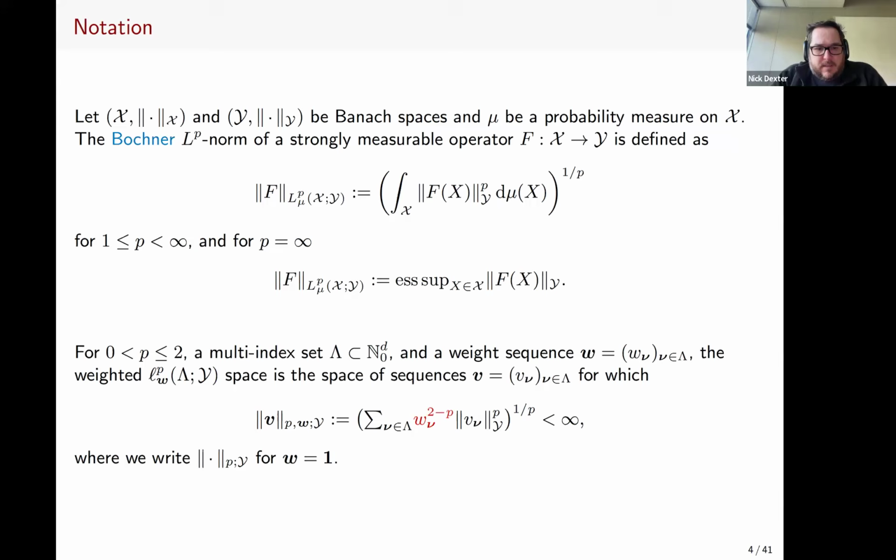And we'll also need these weighted spaces, ell^p_w(Lambda;Y).